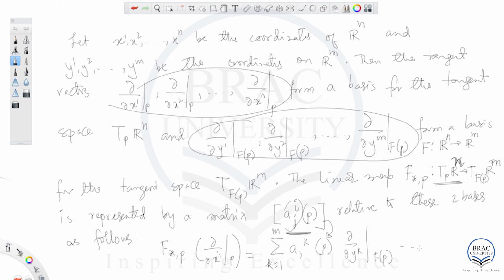This is equation number 8. So it is standard linear algebra, where we study matrix representation of linear transformations.